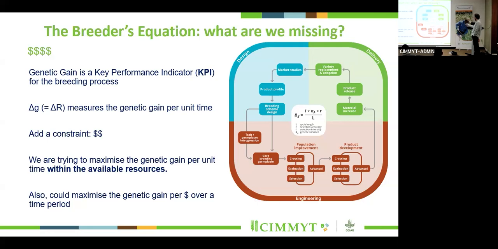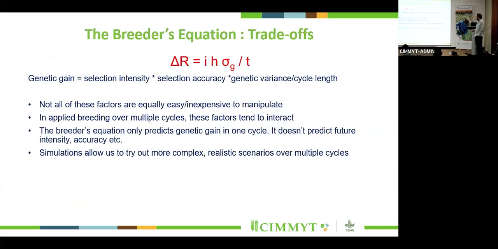This might be done by partners, release products, adapt varieties, establish product profiles, maybe introgress some germplasm, we need an introgression pipeline, back to the core. So all of this needs to be taken account of in the calculation. As a caveat, in these they use delta G instead of delta R for genetic gain. They're equivalent here. Sometimes people use different terminology, which is a bit unfortunate, but that's the way it is.